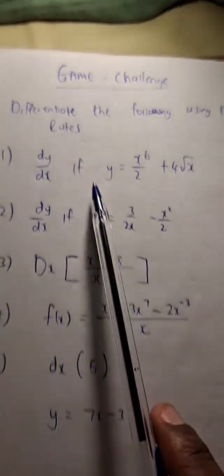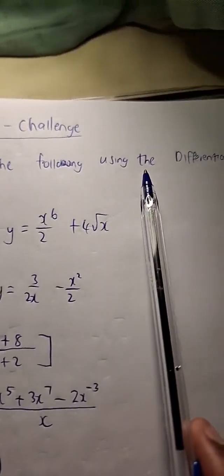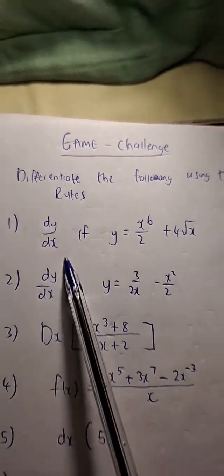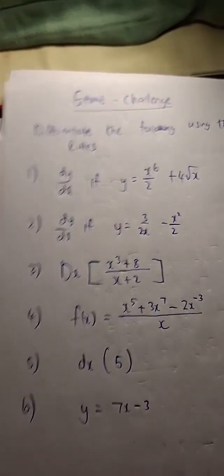Okay, so we're looking at applying the differentiation rules now. There were a few problems that I posted here, and the first one says, differentiate the following using the differentiation rules. I'm gonna do these one at a time.